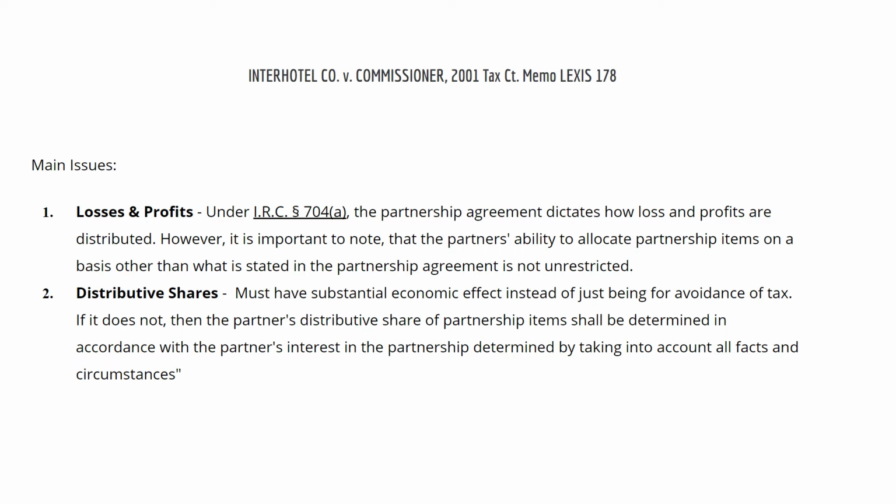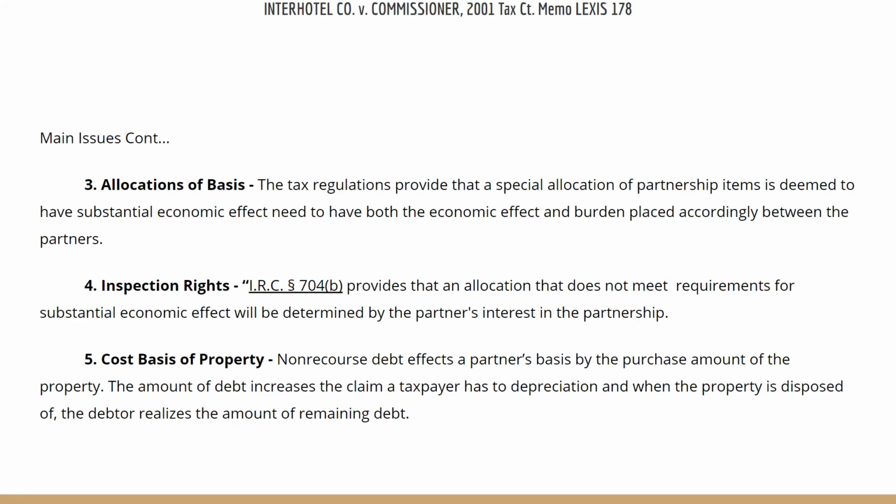The second is distributive shares. They must have a substantial economic effect instead of just being for the avoidance of tax. If it does not, then the partner's distributive share of the partnership items will be determined in accordance with the partnership agreement, taking in all facts and circumstances, which we saw in the first slide above, where they needed to make that change.